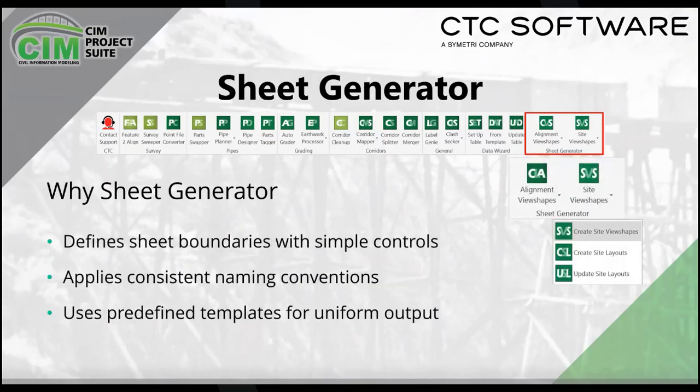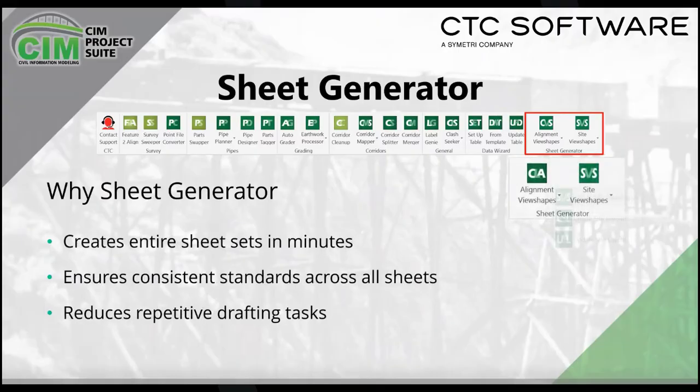It will define your sheet boundaries, your viewports in essence, and apply consistent naming conventions across. And you will use a predefined template for the output. I'll show you how that works. So you can create entire sheet sets in minutes. We can do those both in the drawing and in a sheet set, and also on ACC if that's how you are storing your sheets.